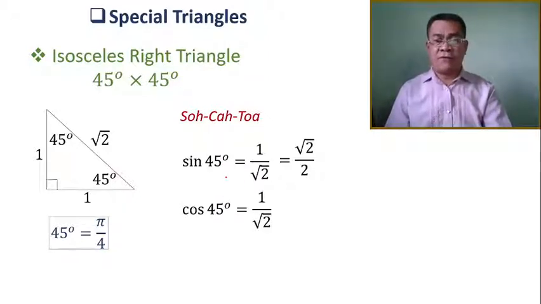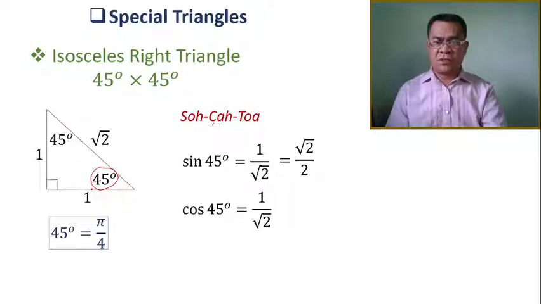Then for the cosine, take note that the cosine is equivalent to adjacent over hypotenuse.